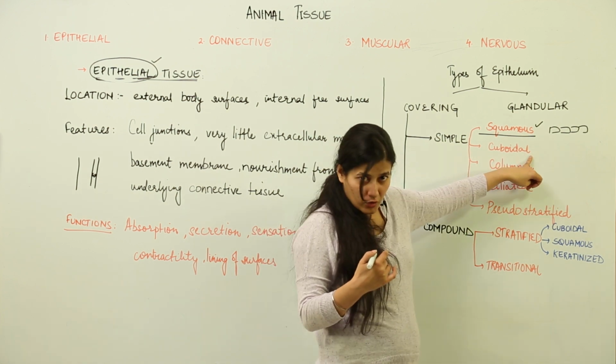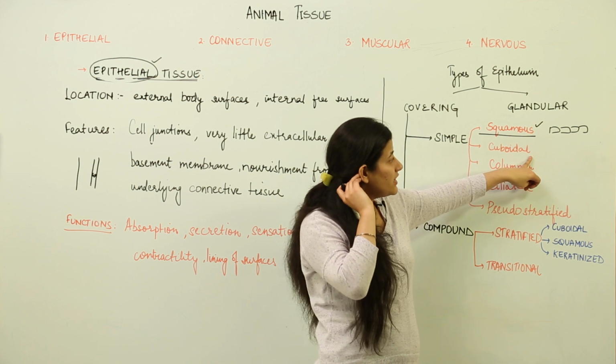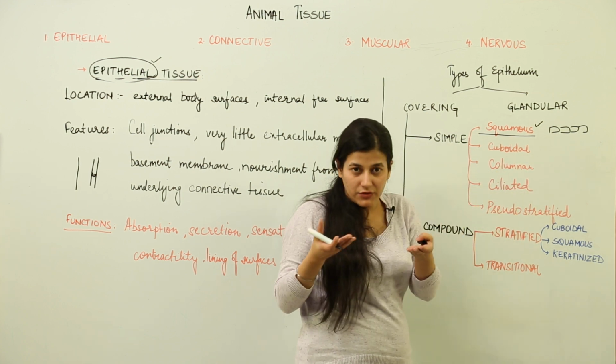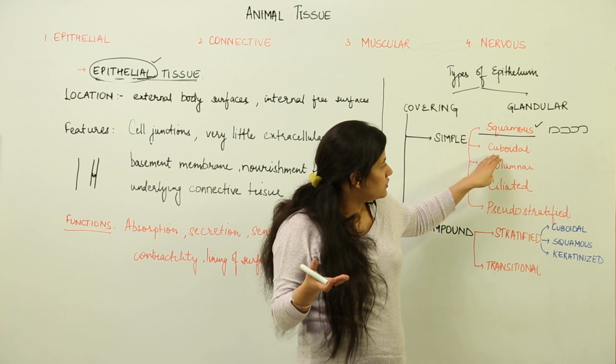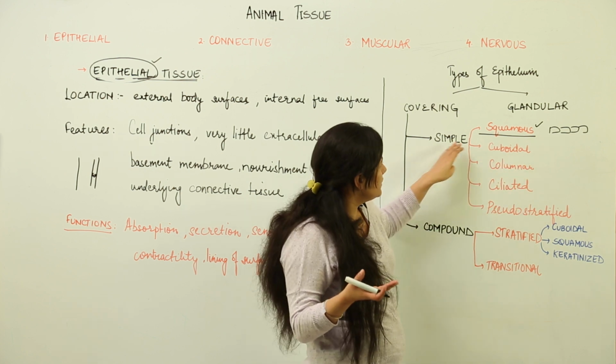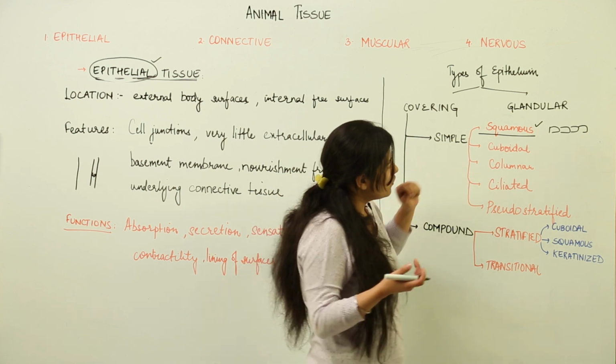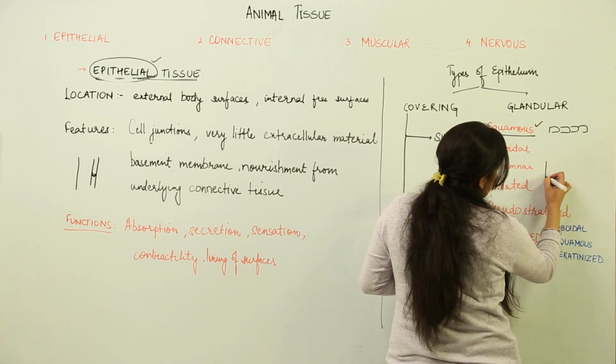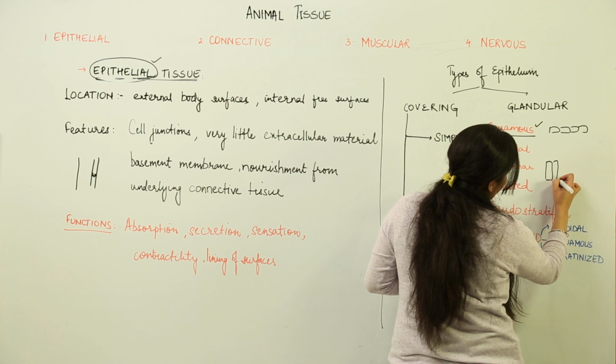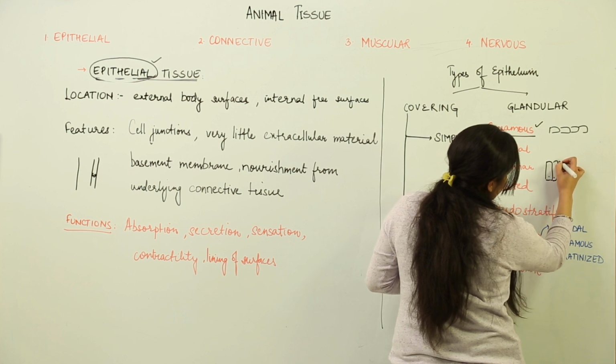In case of cuboidal tissue, the cells are polygonal, but if we see it from above, we see it to be cuboidal. So that is cuboidal simple epithelial tissue. Then we have columnar. In columnar, the cells would be in the shape of a column with the nucleus below.